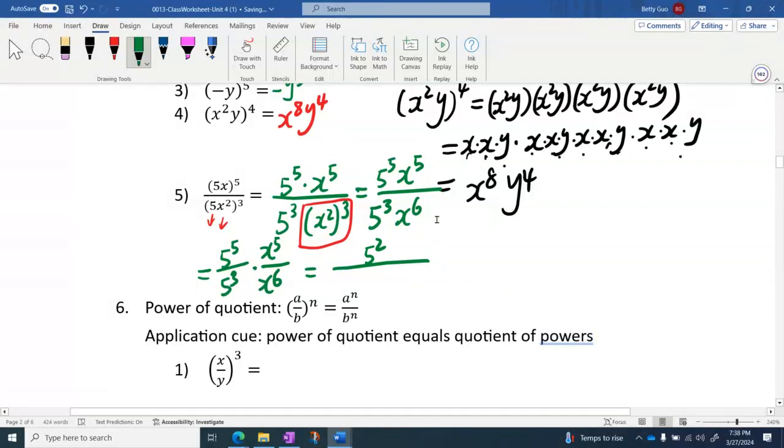For the x part, x to the 5th in the numerator, x to the 6th in the denominator. The denominator is dominating, so we're going to have leftover x in the denominator. 6 minus 5 is 1, so we have 1 extra x in the denominator. 5 squared is 25. 25 over x.